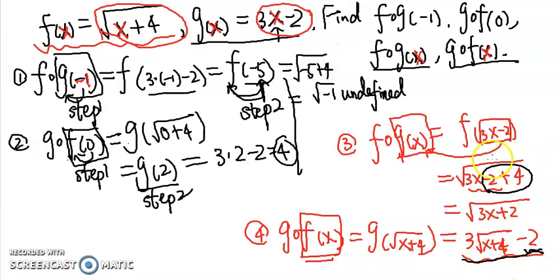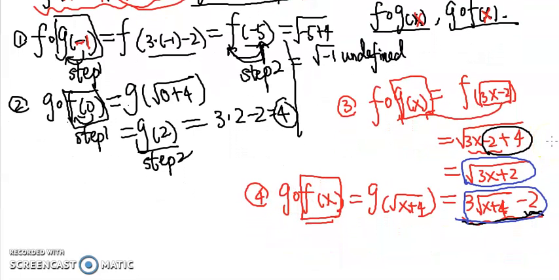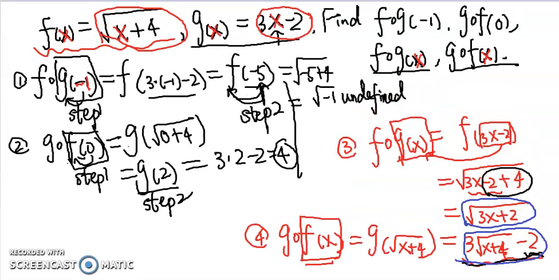We can take a look at these two answers. This one is our composite function for f and g, but this one is the composite function for g and f. In calculus, we use this a lot, because most functions you will see are a composite of 2 or 3, or even more functions.